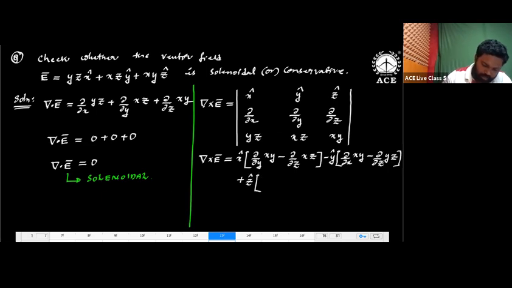Last one is z cap into this minus this into this: dou by dou x of xz minus dou by dou y of yz.